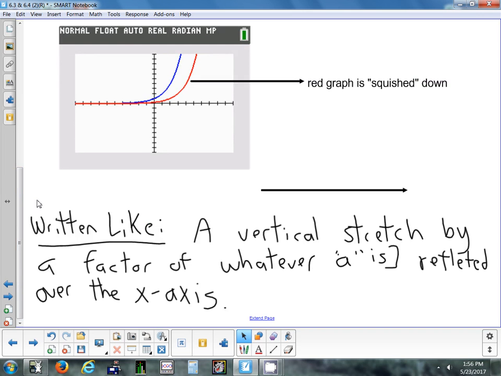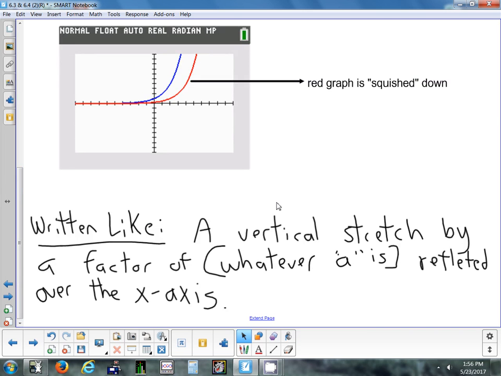You're still going to talk about the vertical stretch, and you also have to say that it's reflected. You could say flipped, you could say reflected. Do not put the negative part in the factor. We know it's negative because it's getting reflected over the x-axis.